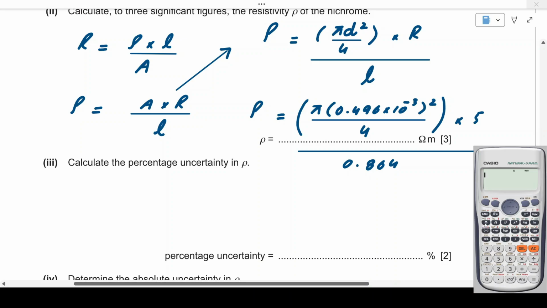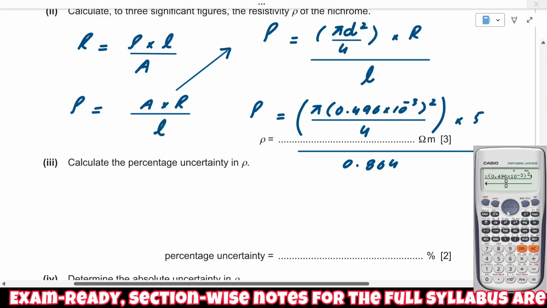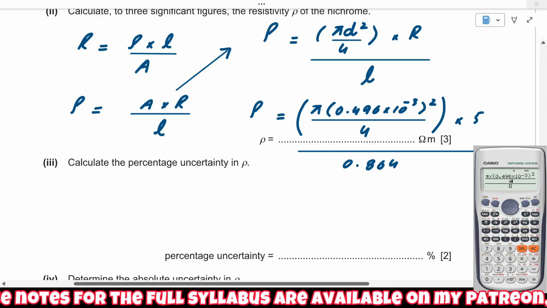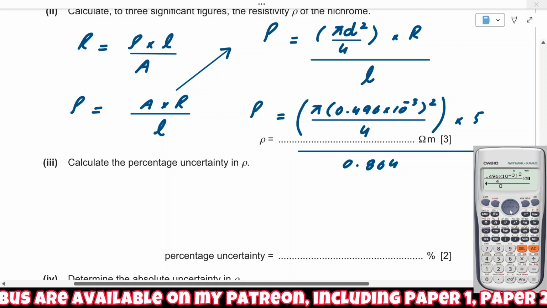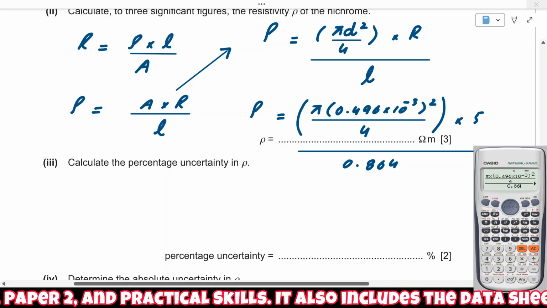So I have a fraction first and another fraction, pi into d square, 0.496 into 10 raised power minus 3, square of it, divided by 4, pi d square over 4 into 5 divided by 0.864.